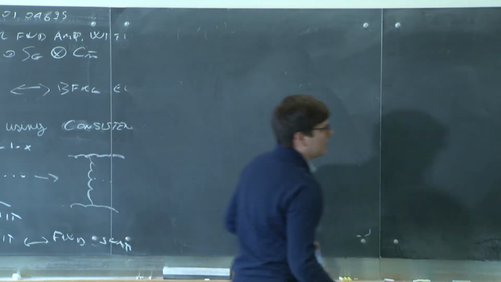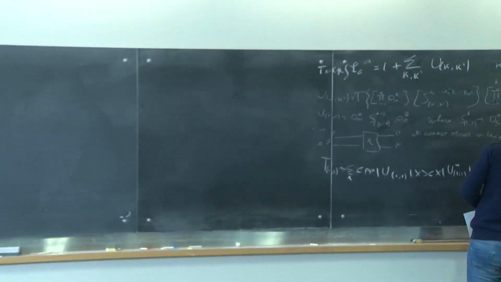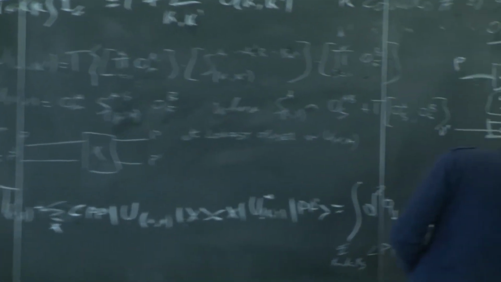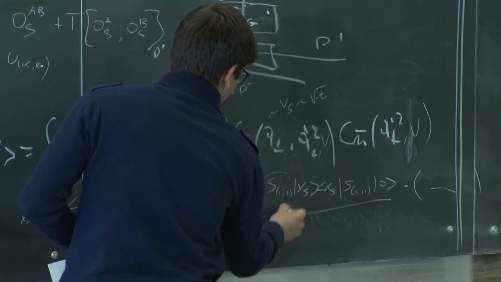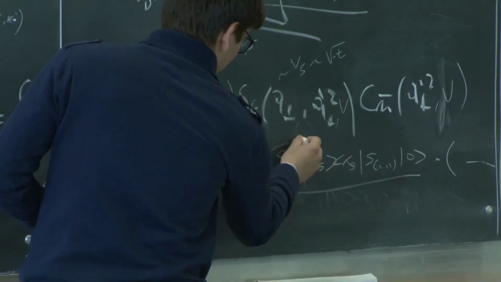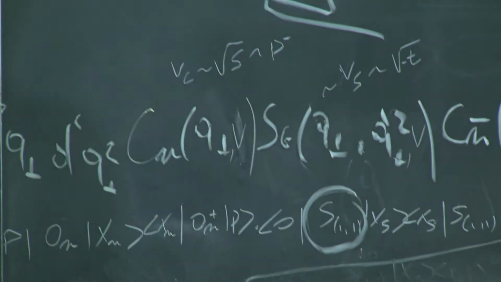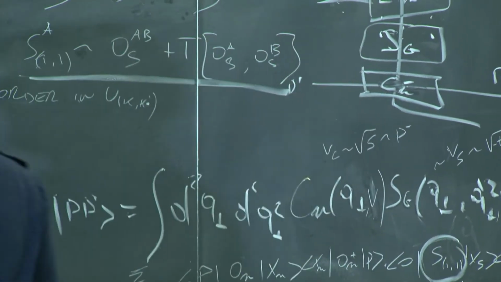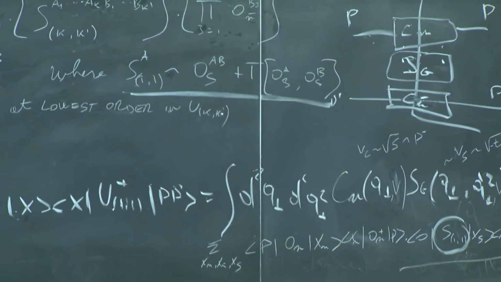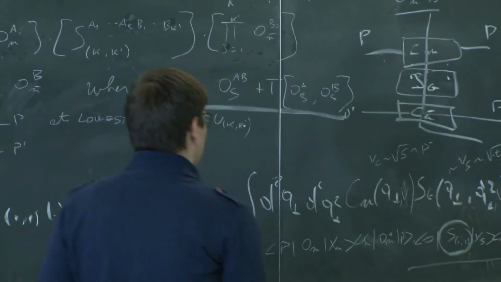Good. So just like we want to study this guy, where this one is exactly this one. Okay. So in picture, SG is going to have a tree-level contribution. So this is basically the matrix element between the vacuum and some soft state.